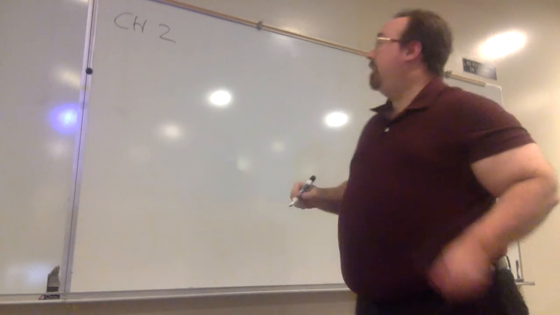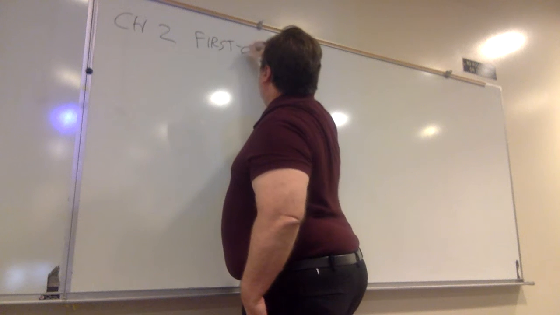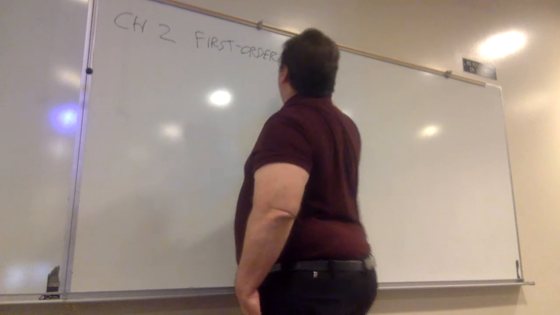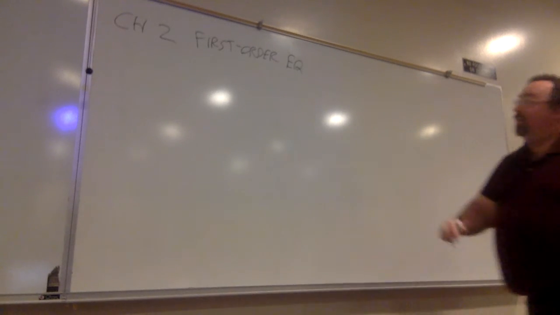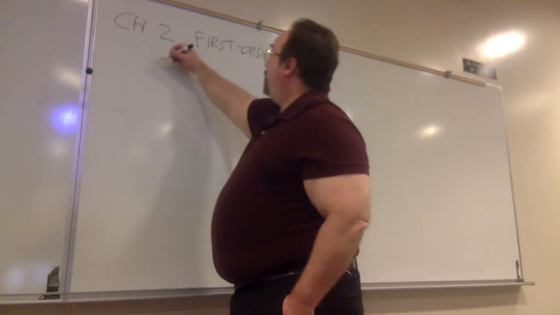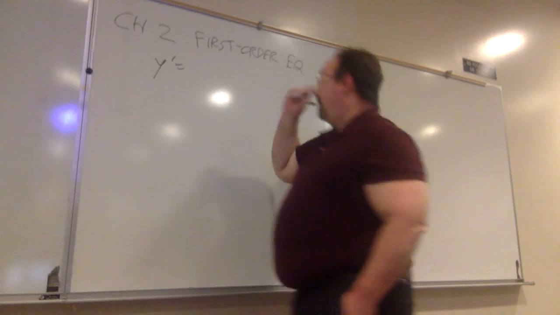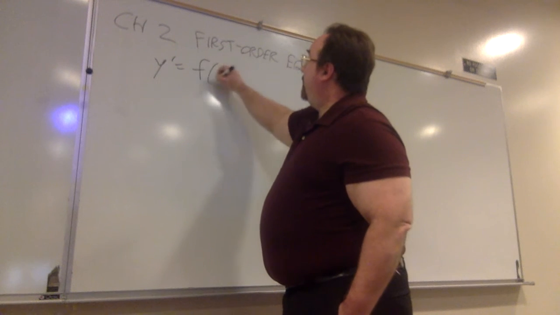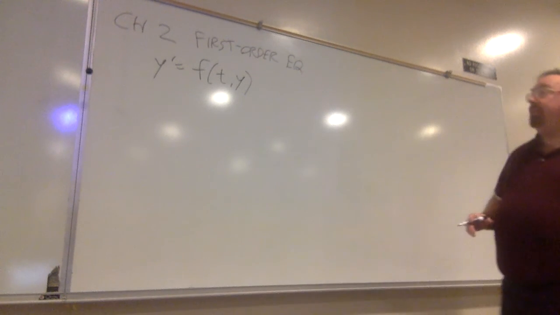We're getting to a new chapter today where we focus exclusively on first order ordinary differential equations. So the problem we're going to be considering all chapter long is something of this form, where y prime is some given function f of both t and y.